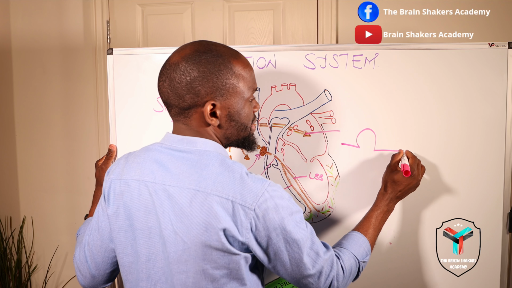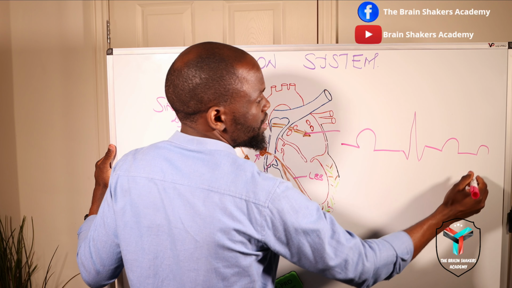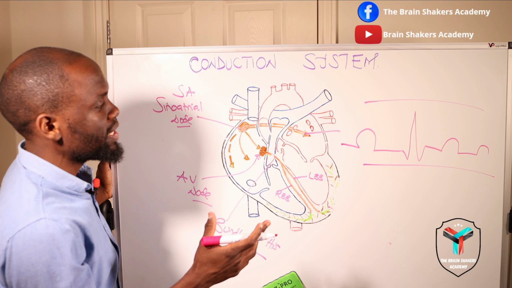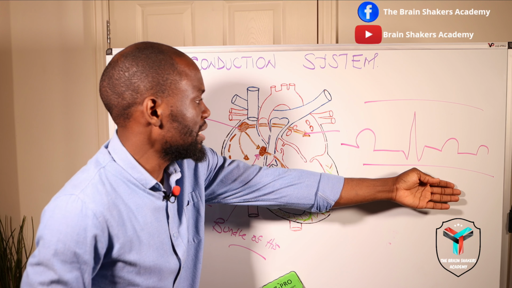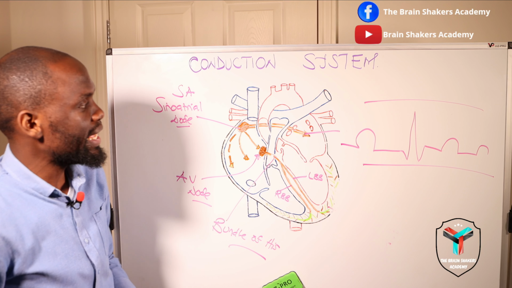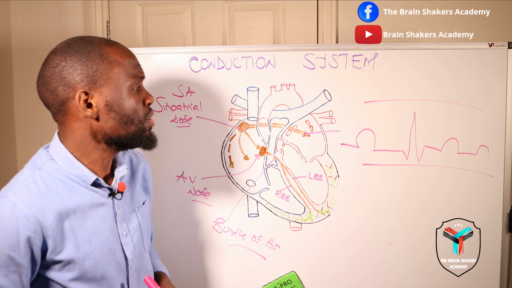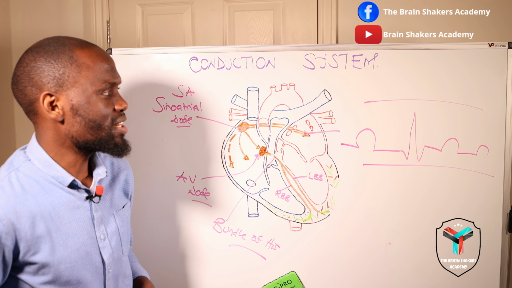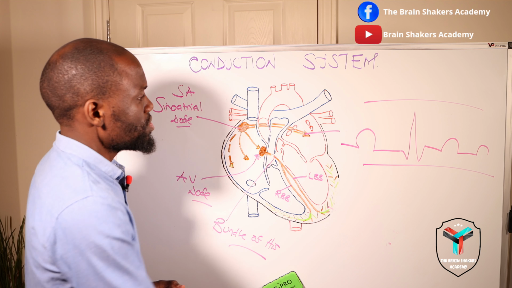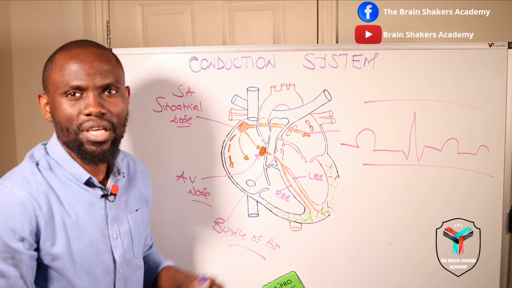You have a structure like that with all those portions, and sometimes it will even give you a U-wave. This is basically what you will see on an electrocardiogram, when you look at an ECG or an EKG. Do look out also for a video where I look at Einthoven's triangle, and the factors that we look at when reading an ECG. This emanates from the conduction system happening within the heart.